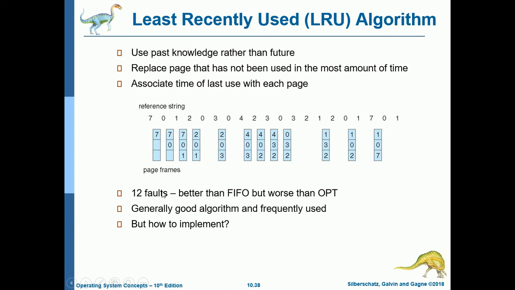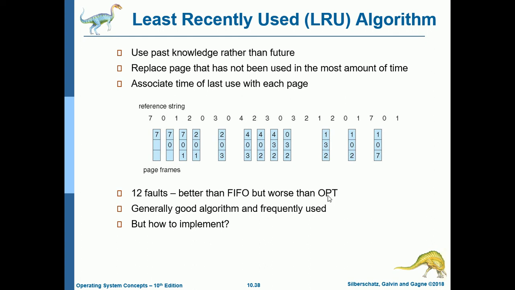So we have 12 faults. So actually, it's better than FIFO but worse than optimal. Because FIFO is what? 15. Actually, it's in the middle. And optimal, we have 9 page faults. Okay.